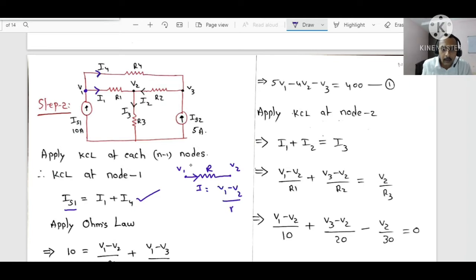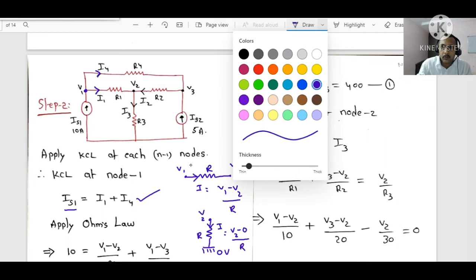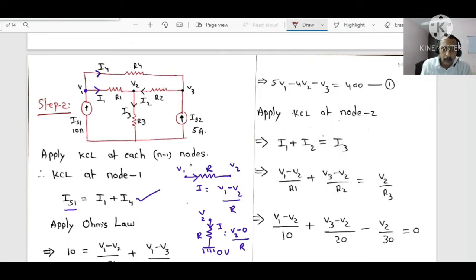V1 minus V2 by R. If you are having a resistor like this, the other end is at 0 volts, but here it is at some V2 and some current I is flowing, and this is some resistor R, then your I will be V2 minus 0 divided by R. If you understand these two basics, then you can write Ohm's law correctly.